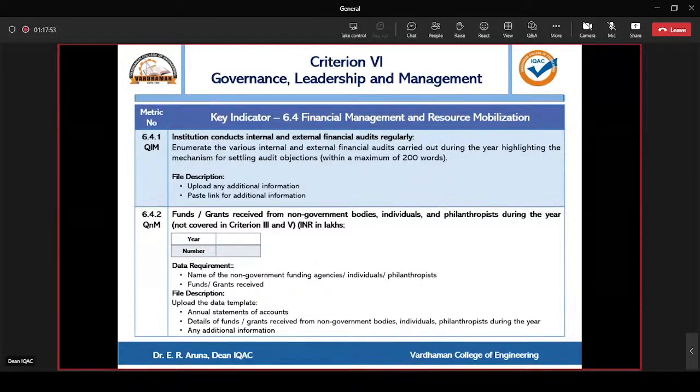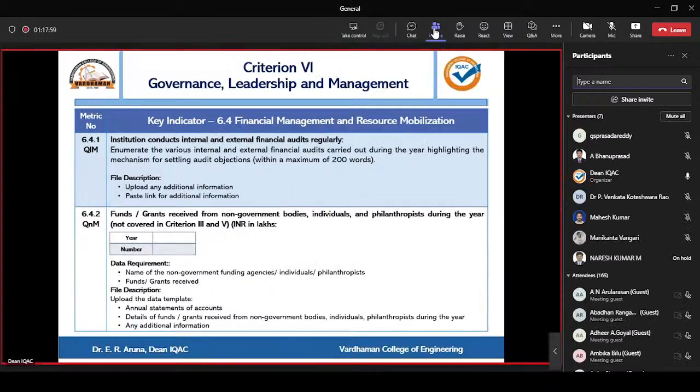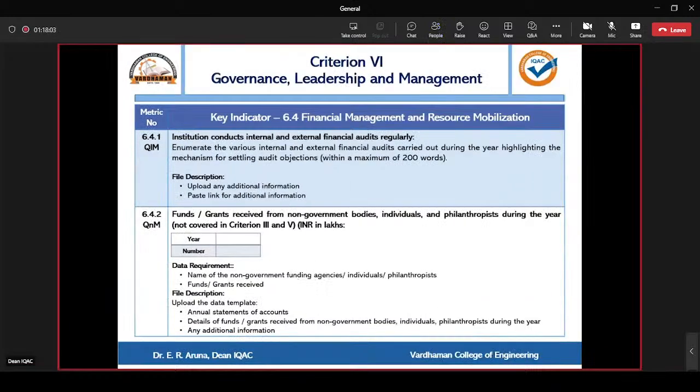The primary source is through collection of tuition fees. In addition, we also have revenue generated through financial grants obtained from external research projects and through consultancy work carried out by the faculty. The grants received through research projects as well as consultancy must also be included in audit statements. And we have to perform both internal audits as well as external audits.